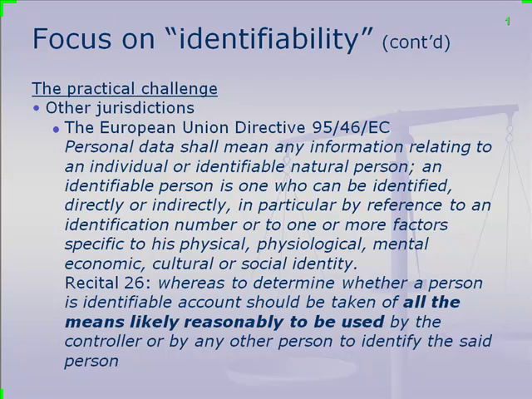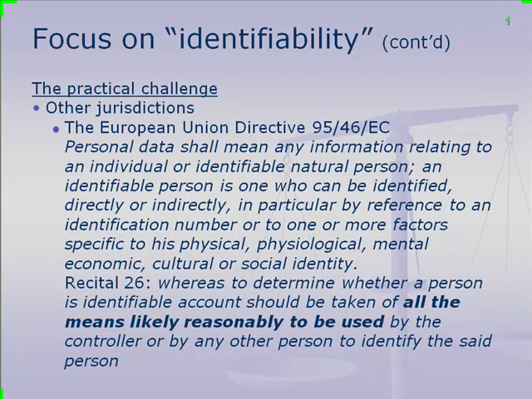And in the European Union directive, the definition reads, personal data shall mean any information relating to an identified or identifiable natural person. So then, an identifiable person is one who can be identified directly or indirectly, in particular by reference to an identification number or to one or more factors specific to their physical, physiological, etc. identity.